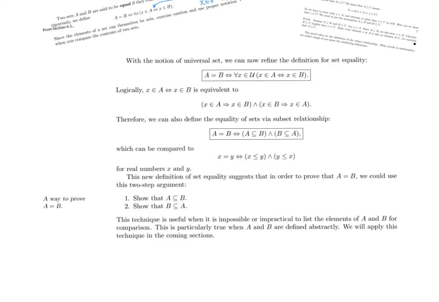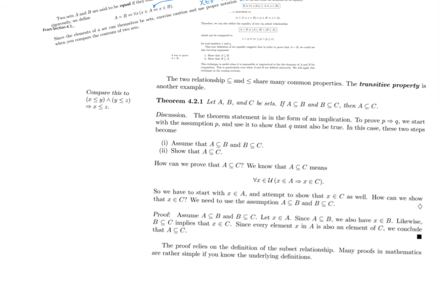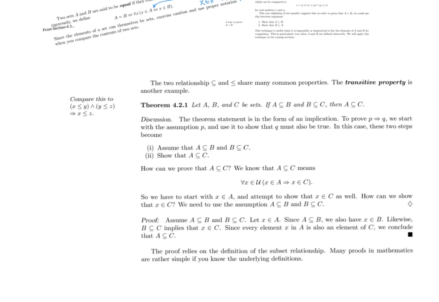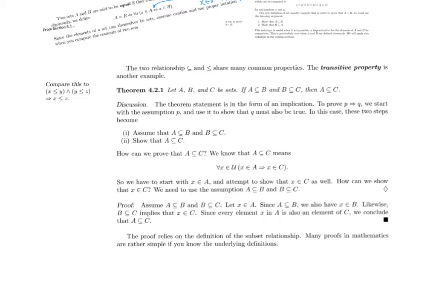What we want to do is use this argument structure to help us with a proof involving sets to show a certain relationship exists between two sets.